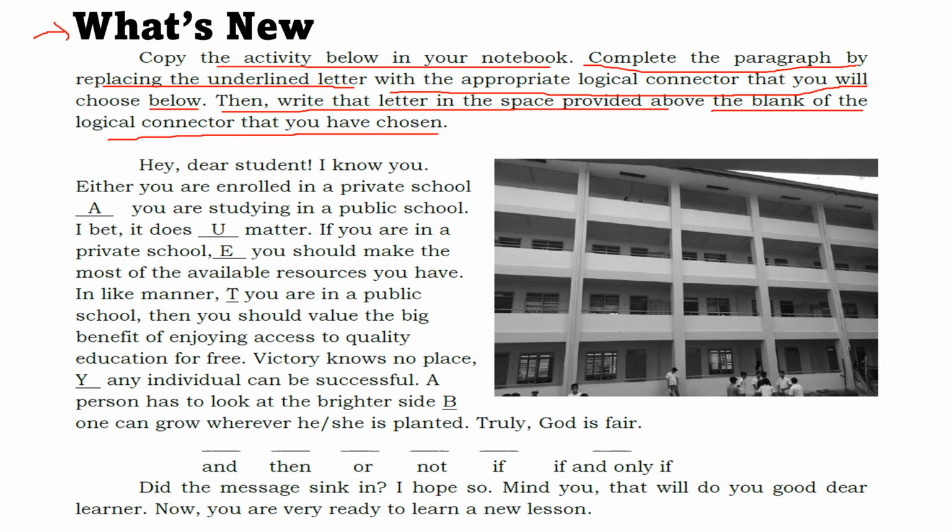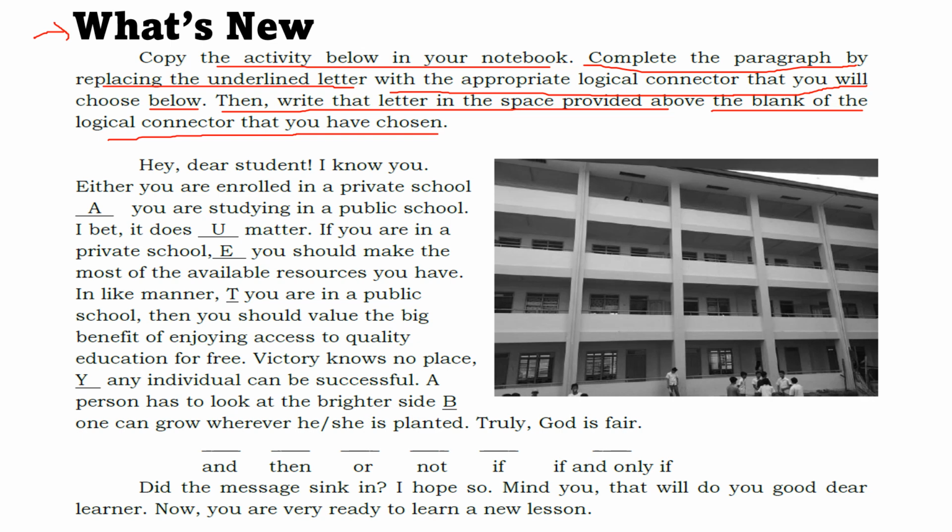As you can see here, there is an activity. We're asked to complete the paragraph by simply putting the right and appropriate logical connector in each of the blanks. So let's start. Hey, dear student, I know either you are enrolled in a private school.